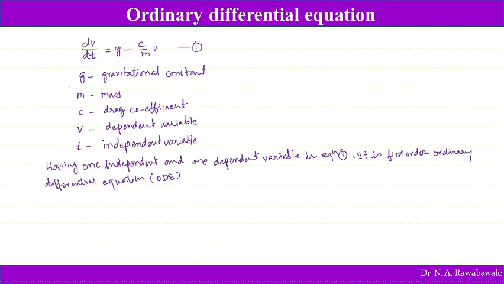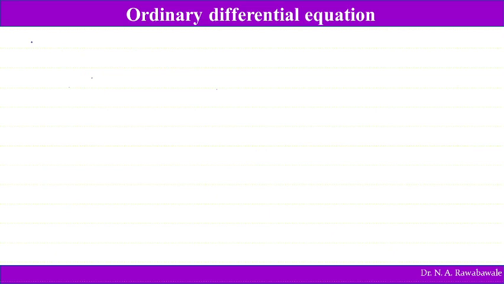Let us consider one more equation as m d2x divided by dt square plus c dx by dt plus kx, which is equal to 0.